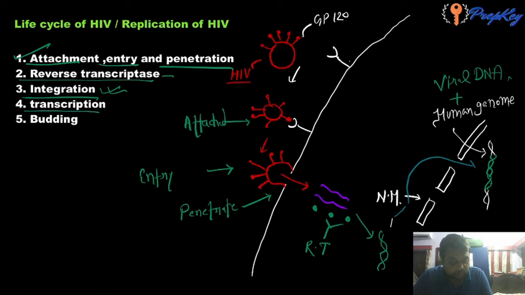Then the process of transcription occurs. And what happens in transcription? When the infected cell divides, the viral DNA is read and long chains of proteins are made.